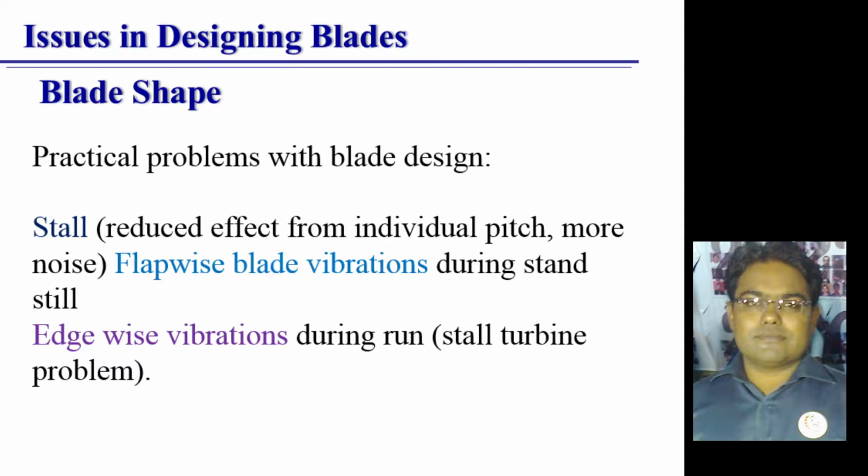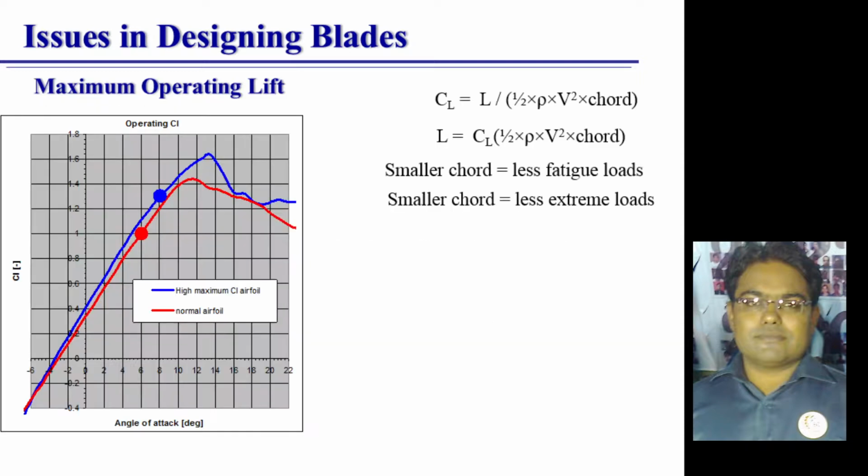So practical problems with the blade design include reduced track from unusual pitch and more noise. Flap-wise blade vibrations during standstill and edge-wise vibration may also happen during run. Those vibrations need to be isolated with some isolation mechanism.